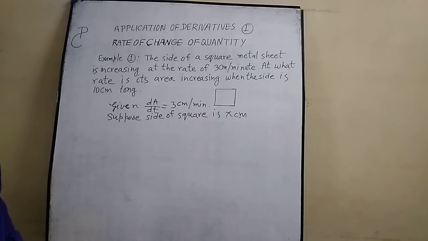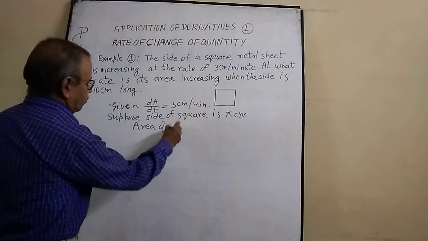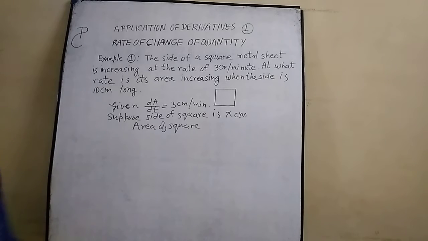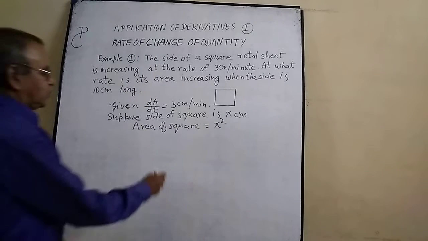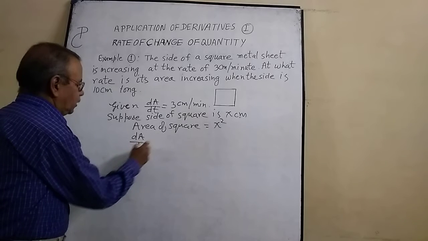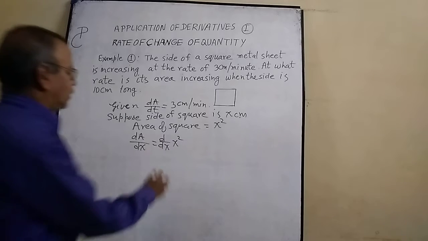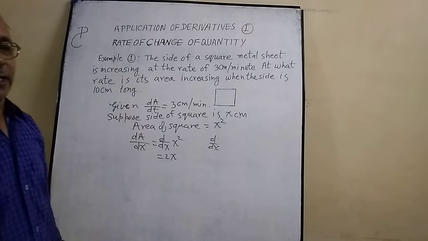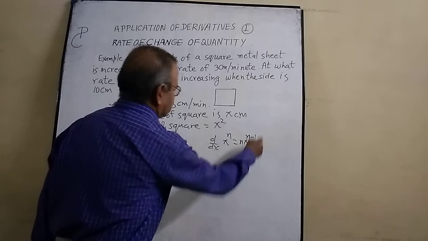Then the area of the square is the square of the side, which is equal to x square. So dA upon dx is equal to d upon dx of x square, which is 2x. I apply the relation that d by dx of x to the power n is equal to n x to the power n minus 1.